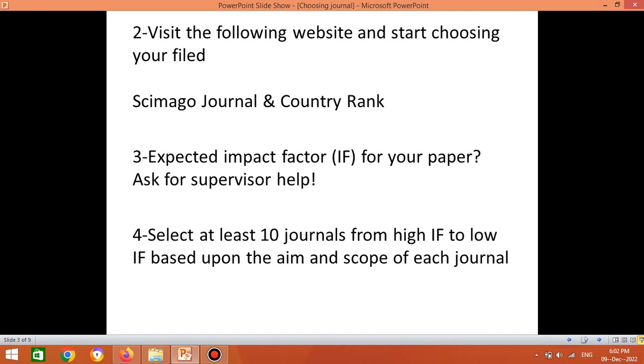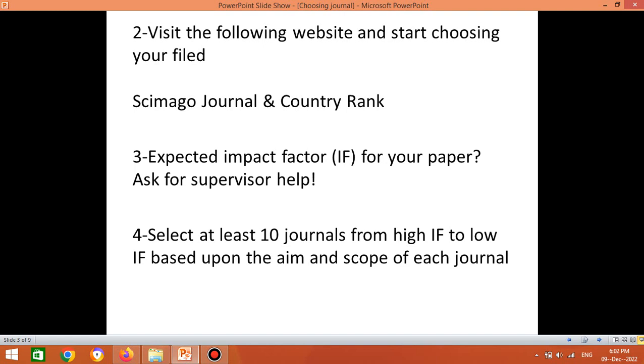For example, papers about the monkeypox virus, which is a trend nowadays, can be published in high impact factor journals. So you have to make a level for your impact factor.